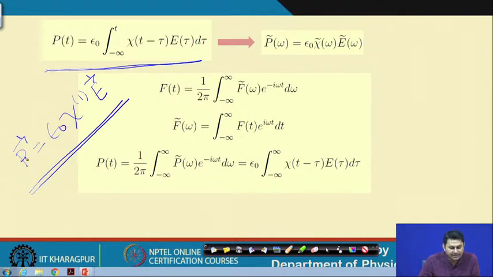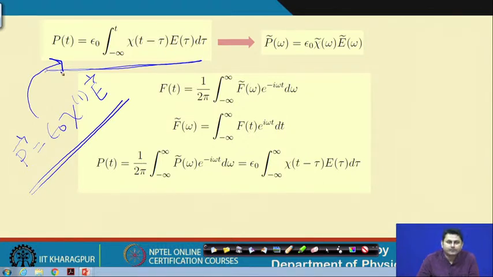If that is the case, we should write this equation in this form, because this is the correct form to represent the relationship between the polarization and the applied electric field in the time domain. There are two kinds of domain I should mention here, one is the time domain and the other is the frequency domain. When we try to find out what is happening in time, this should be the equation one can write.